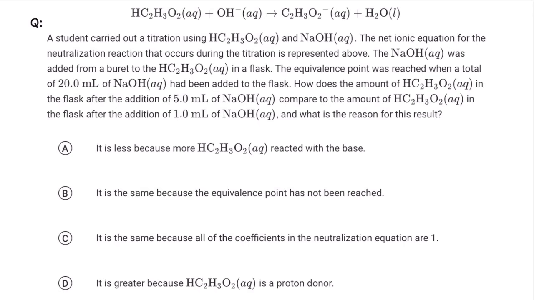So it states that the equivalence point is reached when a total of 20 milliliters of the sodium hydroxide has been added. Then, which means that when you have added only 5 milliliters of sodium hydroxide, not all of the HC2H3O2 has been consumed.